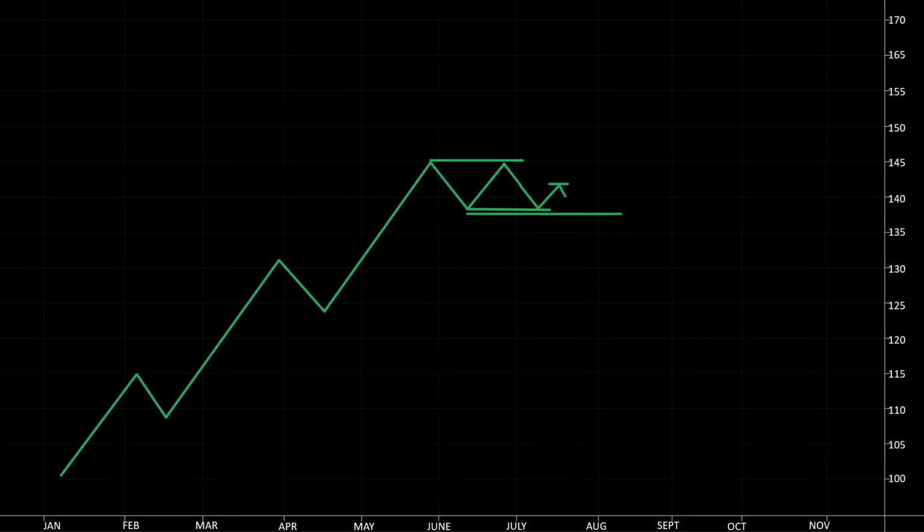And so when I'm looking at a continuation pattern or when I'm looking at an ultimate reversal pattern here, I'm trying to determine ultimately where's the market's head at? Where does the market want to go in the next leg? Where's the overall analysis telling me the market wants to go?